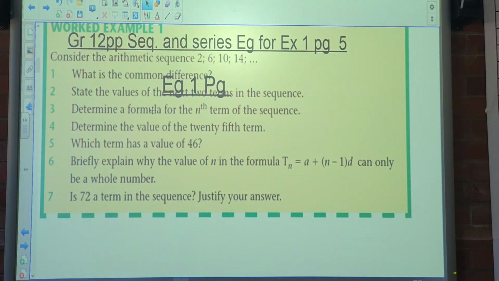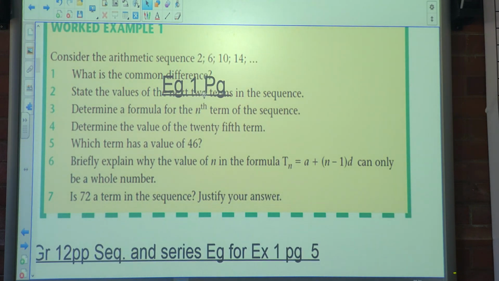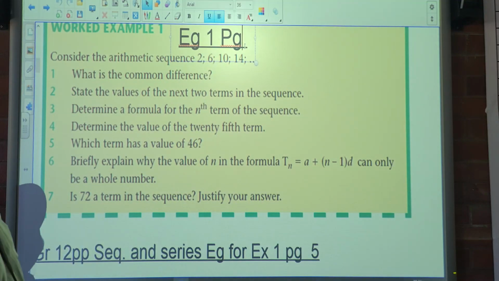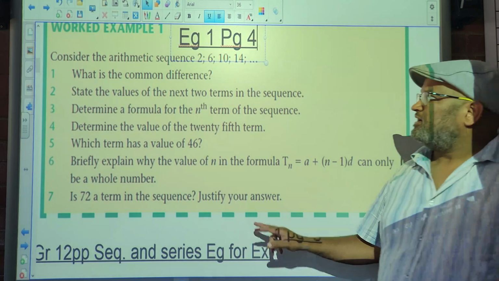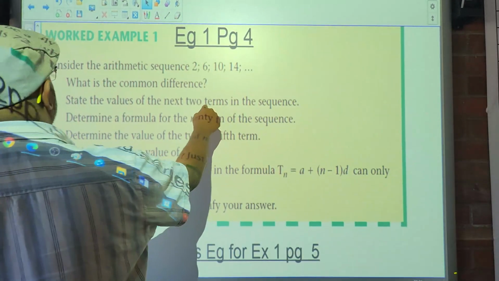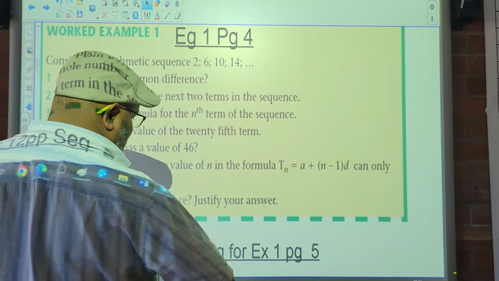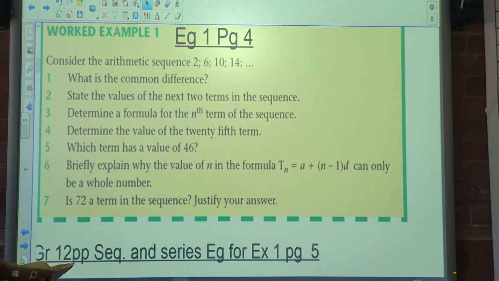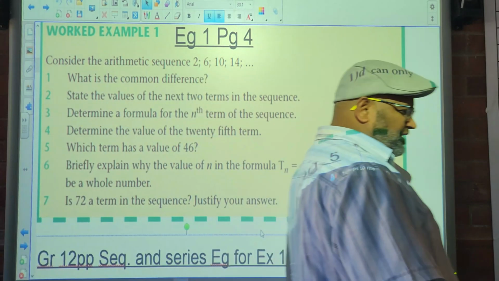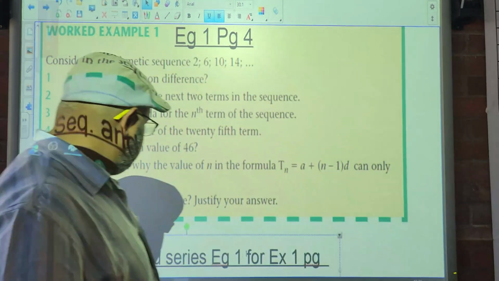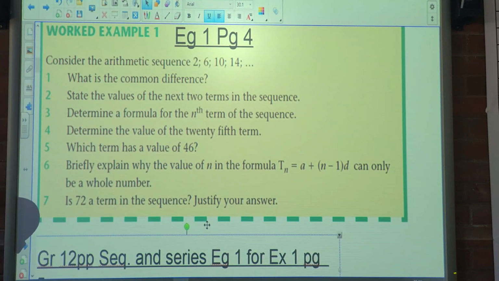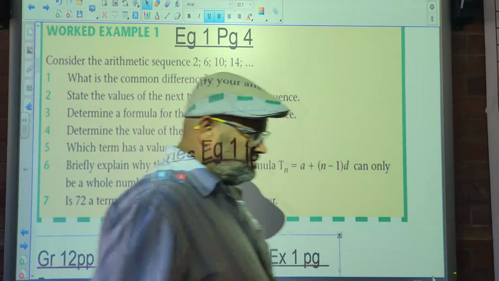So at this point you guys have completed example 1, which is on page 4. However, we're doing the examples for exercise 1 on page 5.